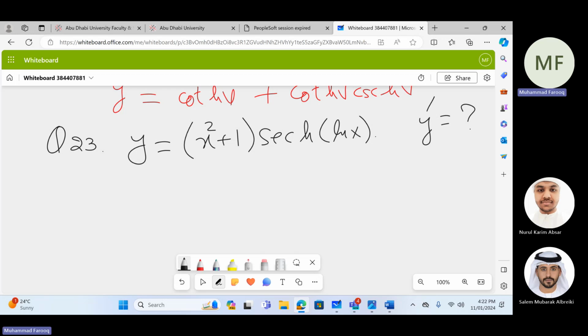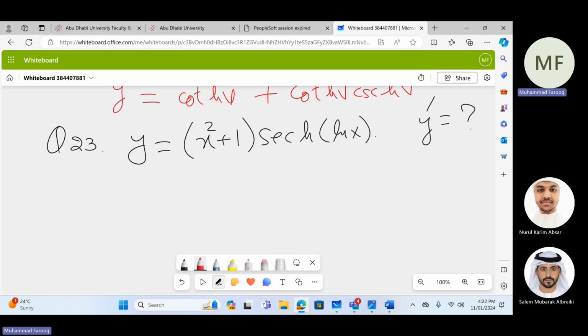So right now it is secant. Secant is a reciprocal of which function? Cosine. So you need the cosine hyperbolic identity as a reciprocal. Please don't start differentiation. First we convert this secant hyperbolic into a base e function.